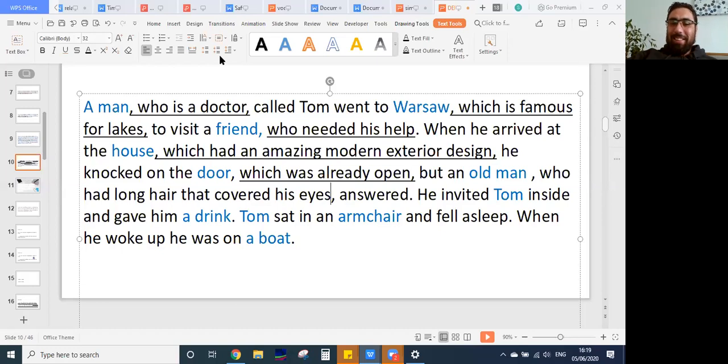Okay, but remember he's going to sit in an armchair, fall asleep, and then end up on a boat. So anything else? What could be special about this drink? Which was red in color. Yeah, it could be wine. Anything else?